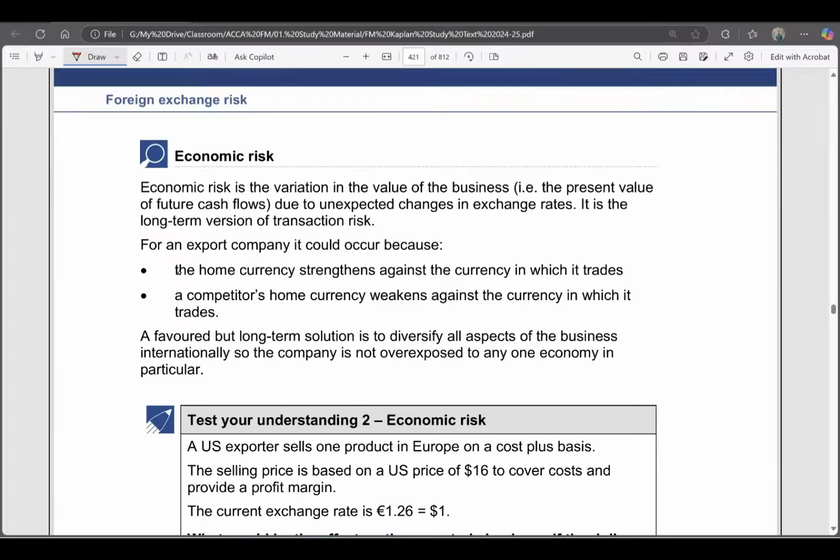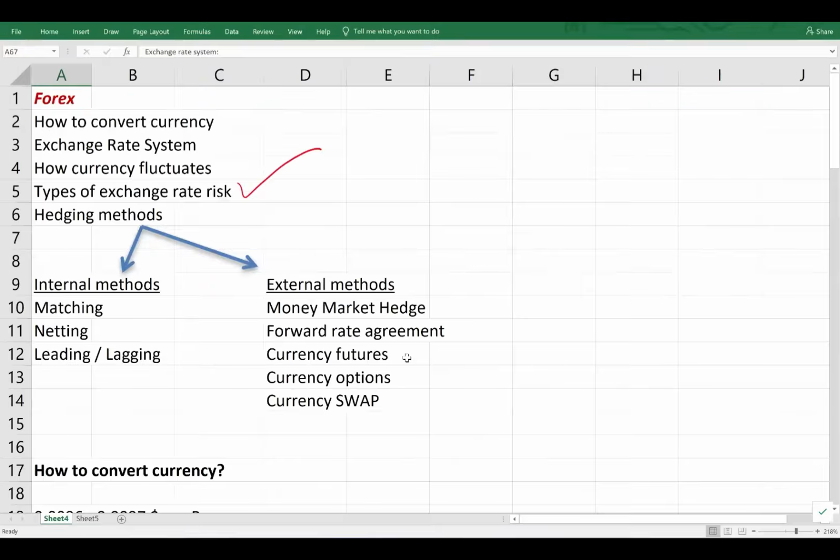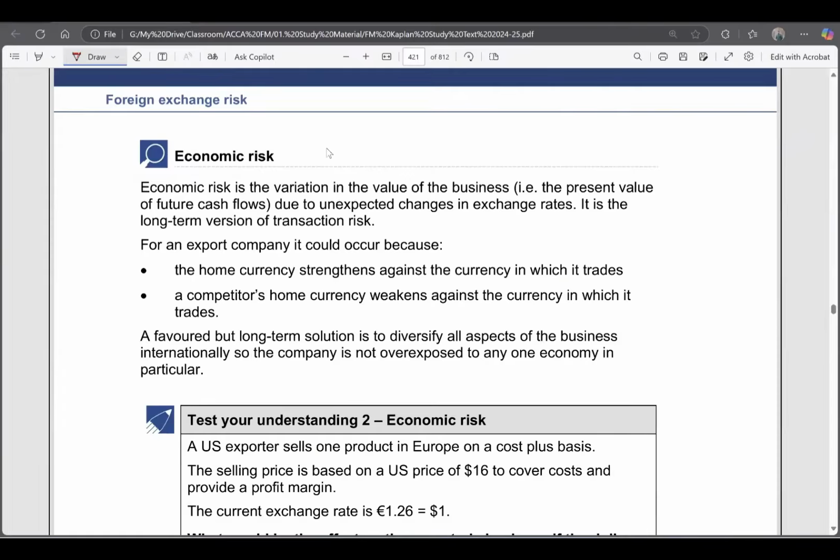So in the long term, we have an impact on the currency. Okay, to explain the economic risk, let me first of all discuss a few fundamental things which are very important for you to learn. If your currency depreciates, let's say, or if your currency appreciates, what would be the impact of it?